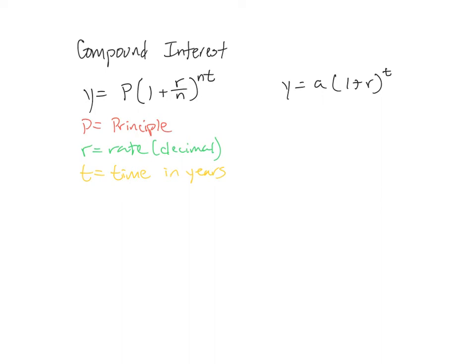But then the N is the number of times compounded in a year.